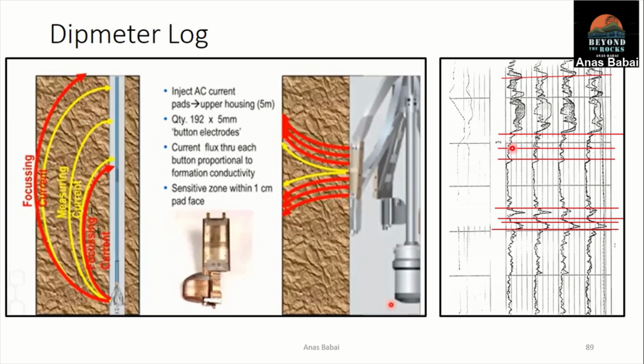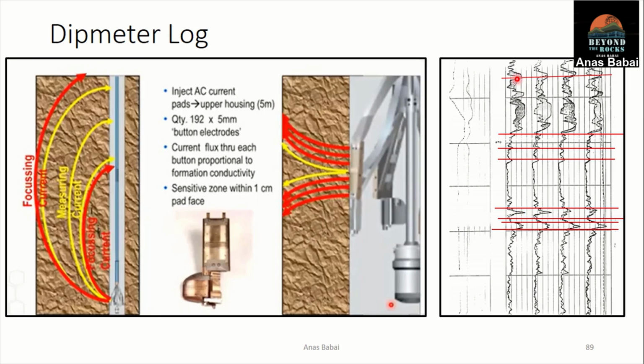Now the Dipmeter log is more or less similar to the Caliper log. The difference is that we can use this log to identify the dip of the formation. There are different types of Dipmeter. There is one which has the same principle as the resistivity log.